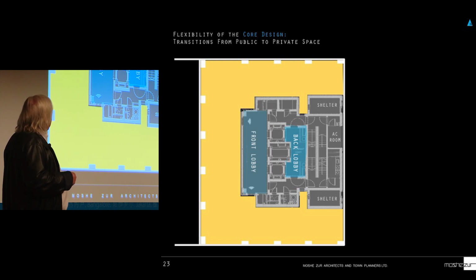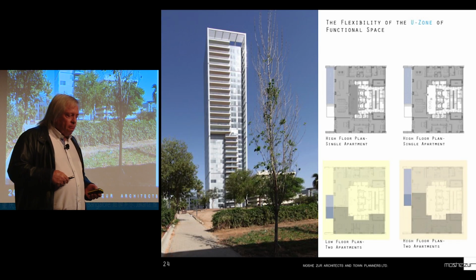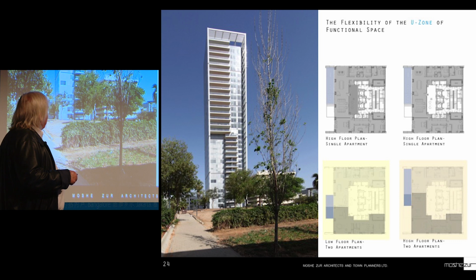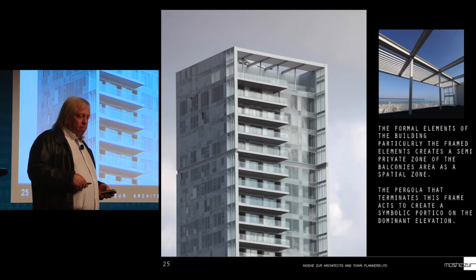When you go out from the elevator, you're already in front of the dwelling unit. And thus, although the shape is very rigid, we created a lot of flexibility in dividing the floor plans and the apartments.